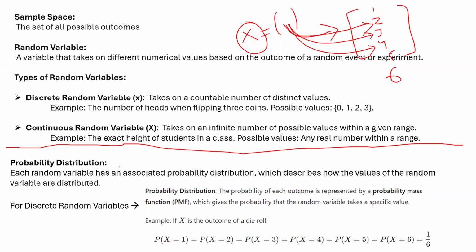For example, the probability of x taking the value 2 would be 1 by 6. In probability distribution, you're calculating the probability of a random variable picking a specific value from the outcome, and studying and drafting the distribution of that random variable taking that particular probability is called probability distribution.